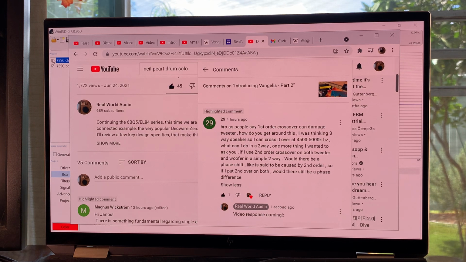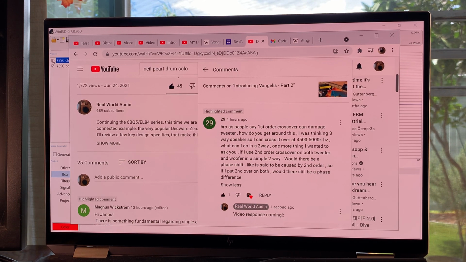Also, in addition, it's a good idea to keep in mind what the data sheet says, which is the lowest frequency and what order they recommend crossing it over. Because if they say you need to cross it over at 2 kilohertz at second order, and you want to extend the frequency response of the tweeter lower, it will not give you good sound.